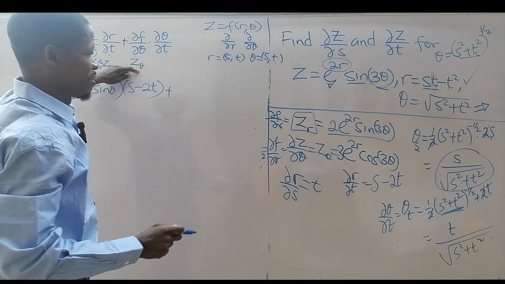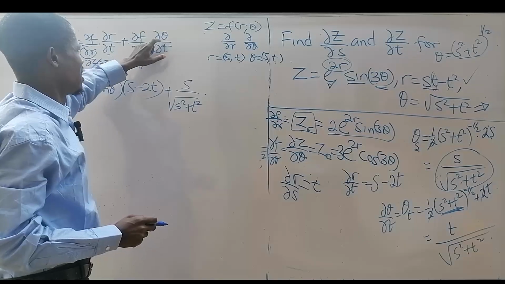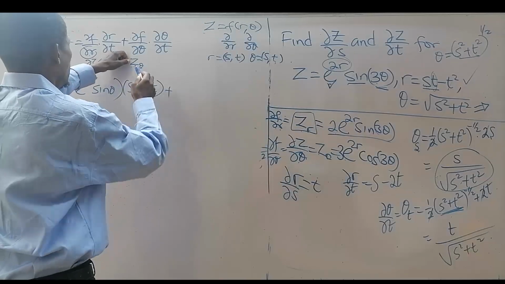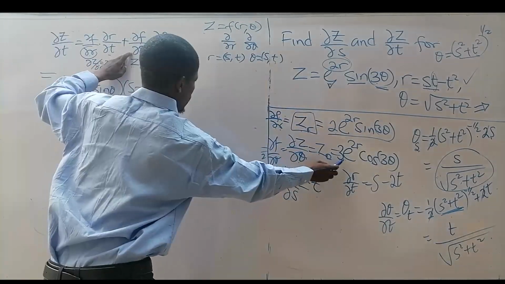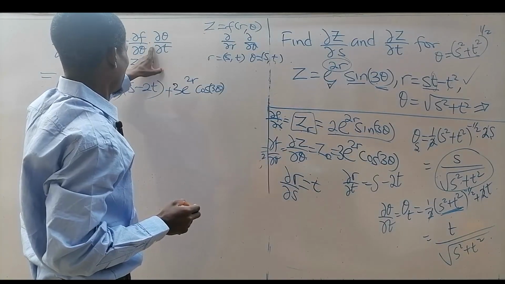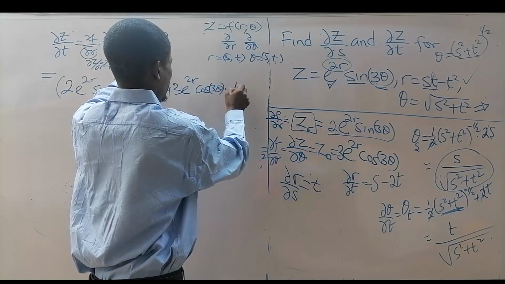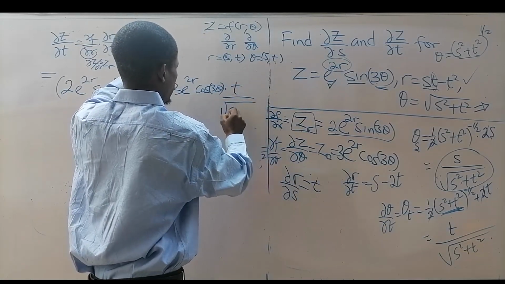So we have a value for that, which is this one, del theta del t. We have the value here, that's del theta del t, which is the one we have here, which is times t over this.